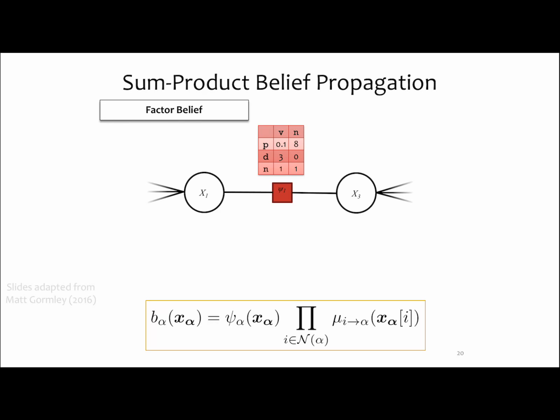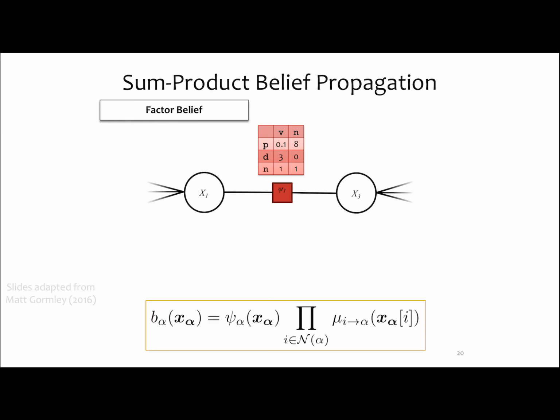So in this case, let's say that we have a factor between x1 and x3. It receives messages from x1 and from x3, each in the form of a vector. Now, the factor has a function to apply on them.